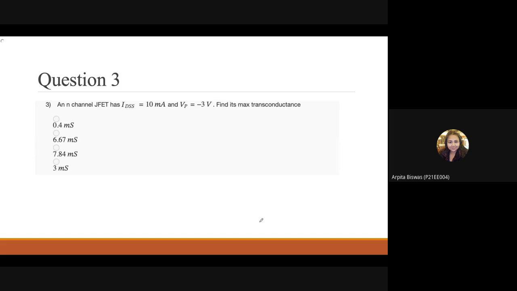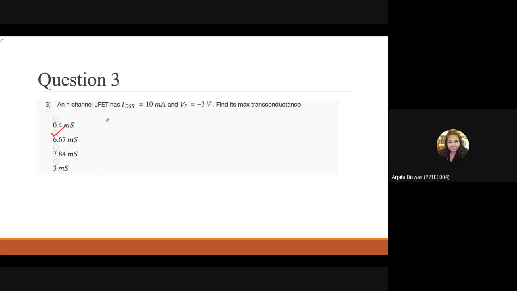Jasmine, Hari. Ma'am, the formula is 2 multiplied by IDSS divided by VP. So 2 into 10 milliamps by 3 will get 6.67. Yes, good. So the right answer is 6.67.